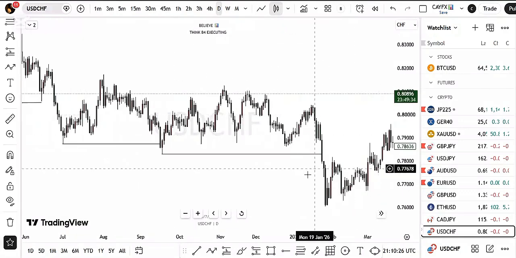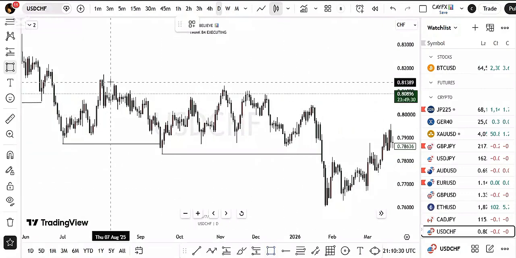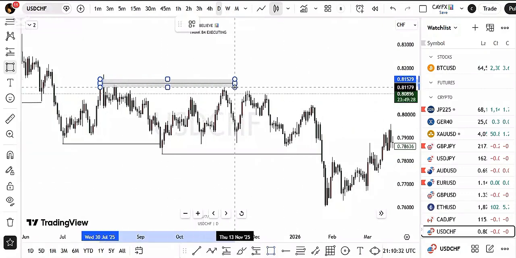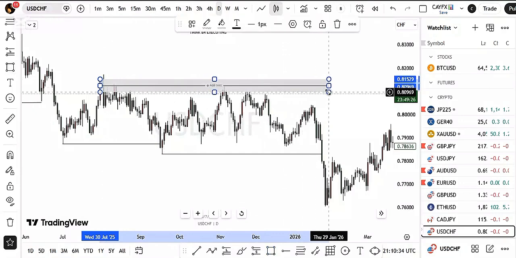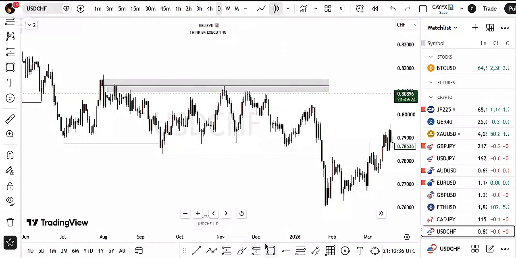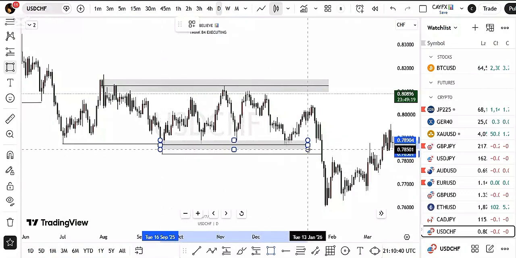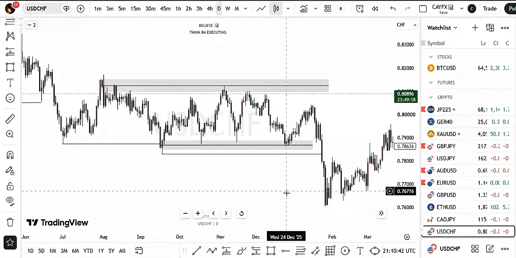Alright, now see what I mean by a ranging market. This is a ranging market. You see what happened now?